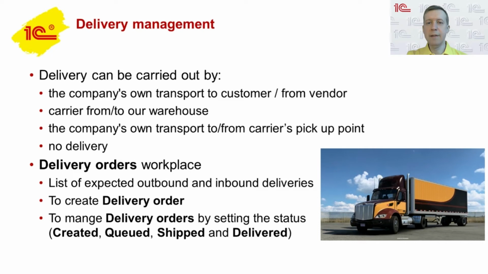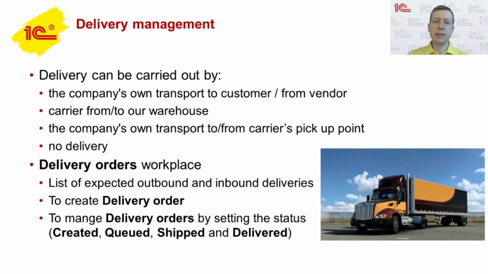In the case of delivery by our own transport, we need to assign a vehicle for transportation and to plan delivery. Based on a sales order, the logistics manager should create a delivery order. The program provides for it the delivery orders workplace with a list of expected outbound and inbound deliveries.